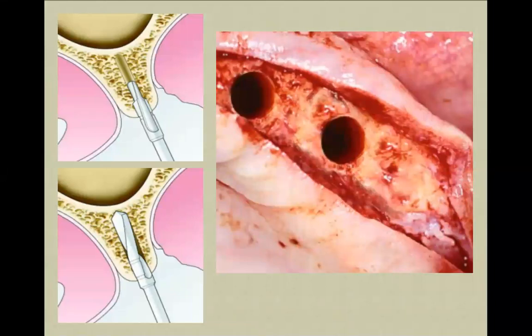Like if I'm going to use this Neobiotech system, and I'm planning to place a 4.0 diameter implant, I'm going to use the pilot, then 3.5, then 4.0. I will not jump from the pilot to the 4.0, because that is a violation of the surgical protocol and might lead to further surgical complications.